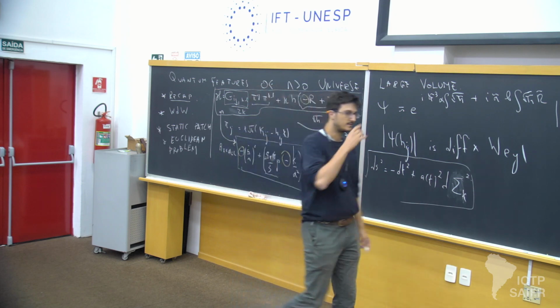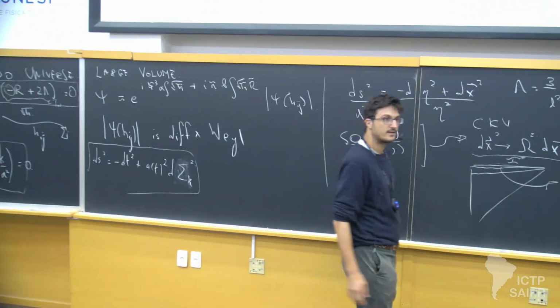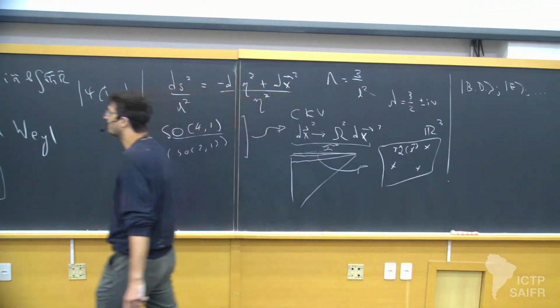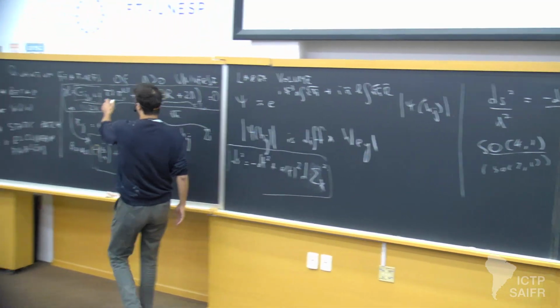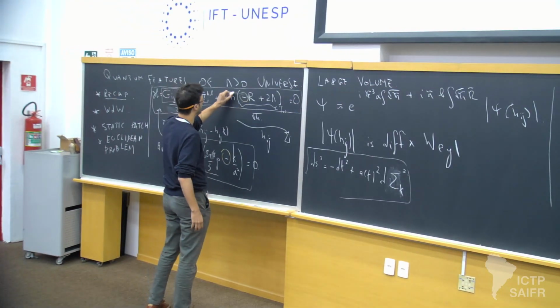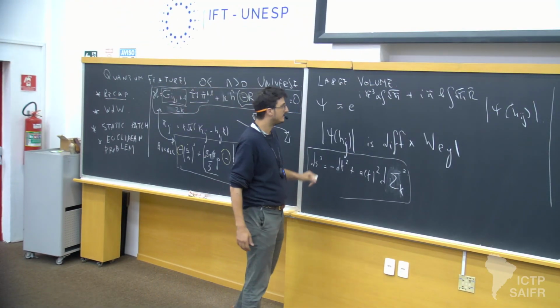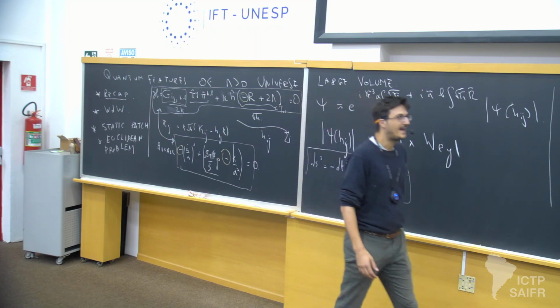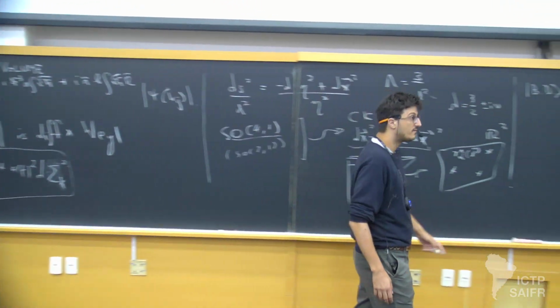Yeah? And this is the Wheeler-DeWitt quantum equation, where these are now interpreted as operators, yeah? Operator-valued quantities. And this is an equation to be understood as acting on wave functions.